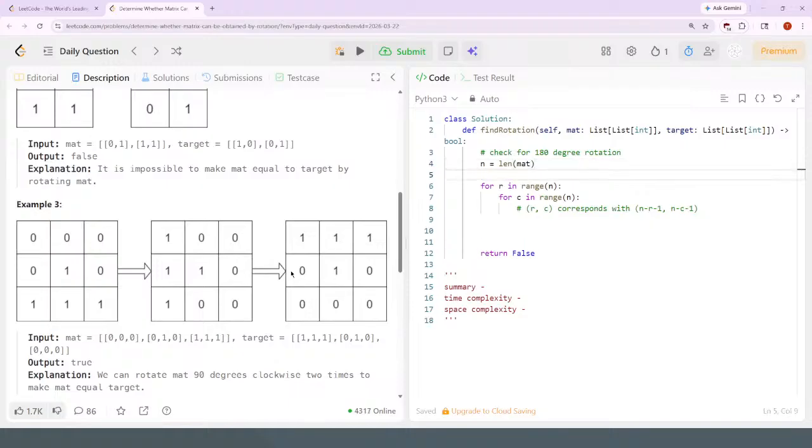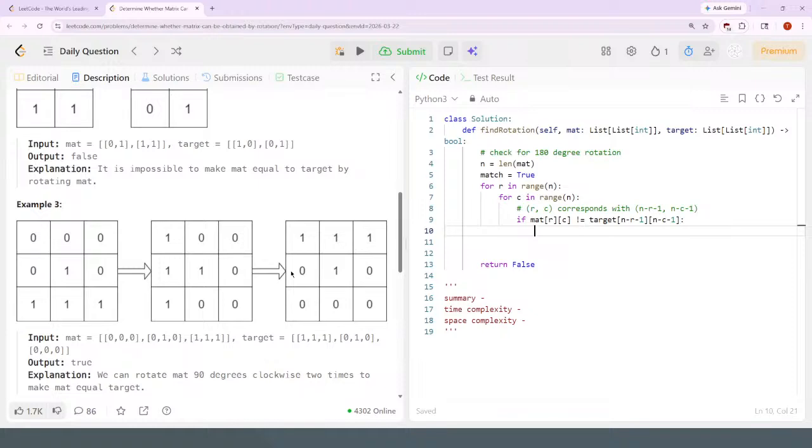So I assume that it matches, and then I break early if it doesn't. So if the matrix at r, c doesn't equal the target at n minus r minus 1, n minus c minus 1, then match equals false, break.